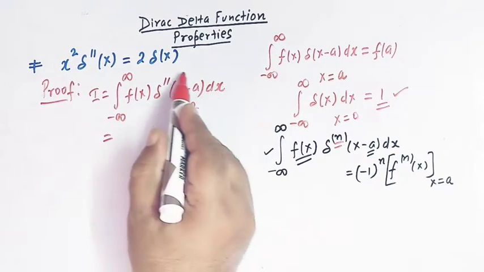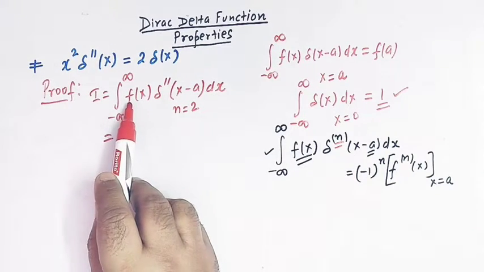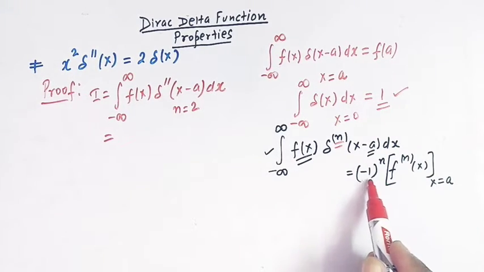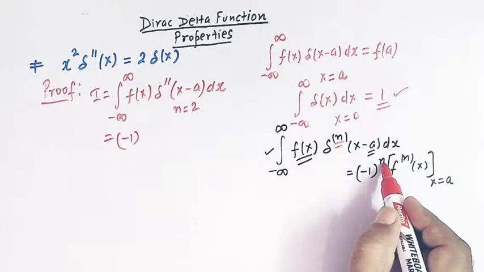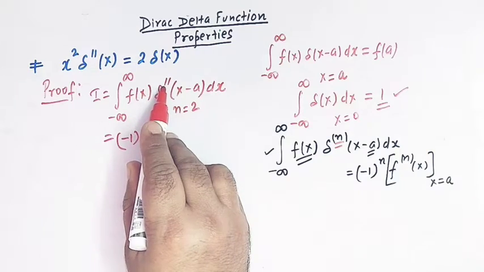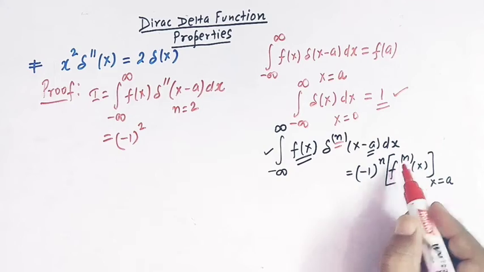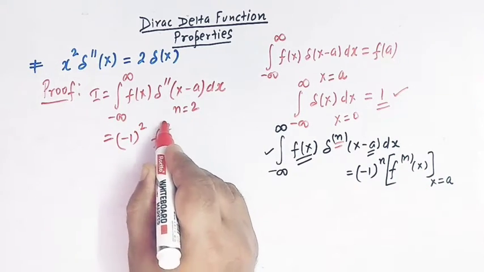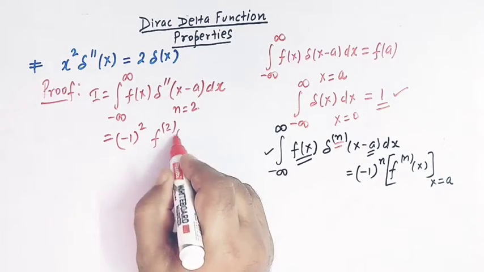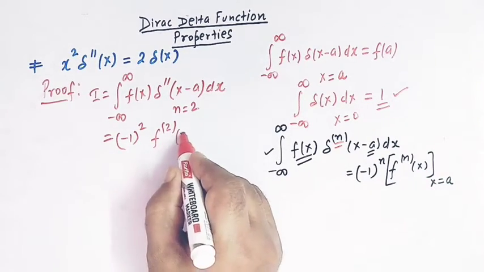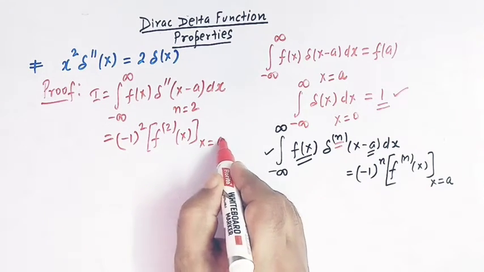Now if we apply this property to this function f of x, then we have minus 1 raised to n, and n is 2 because the second derivative is involved here, and then we have the second derivative of this function at x is equal to a.